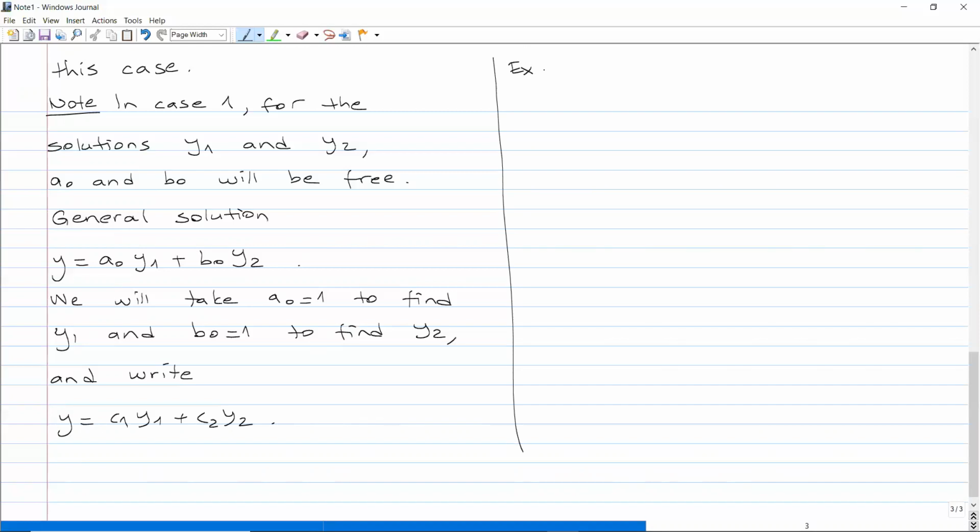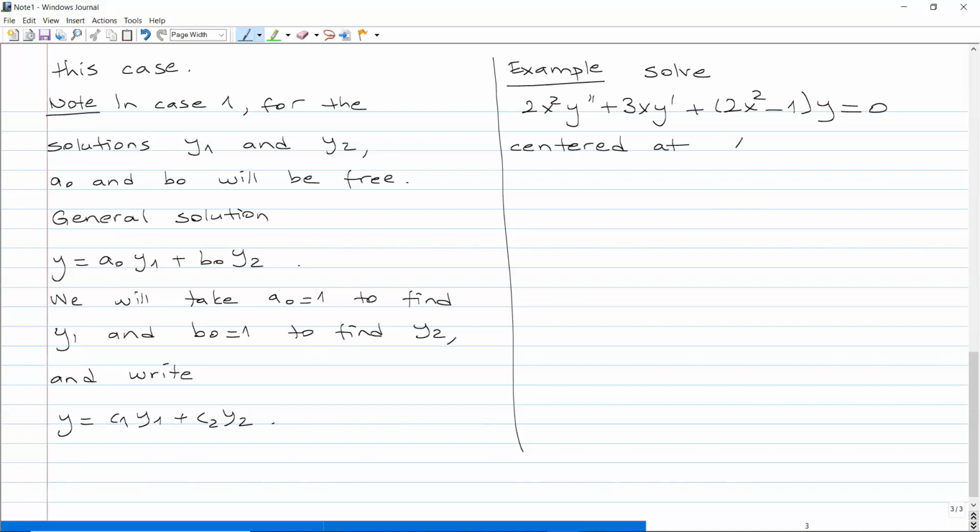Okay, let's consider our example. This is the only example I'm going to consider. Solve the equation 2x squared y double prime plus 3x y prime plus (2x squared minus 1) y equal to 0, centered at the point x0, which is 0.